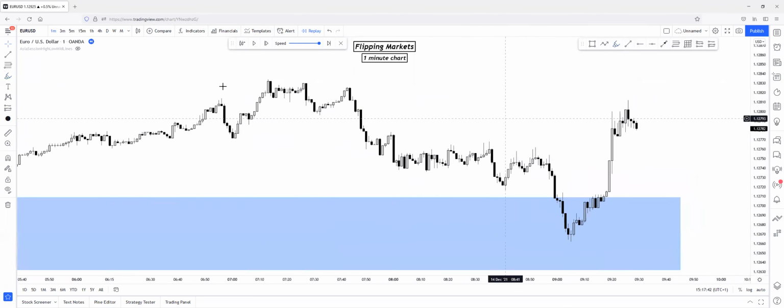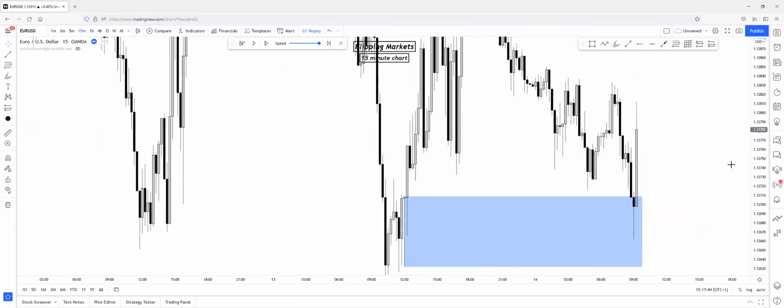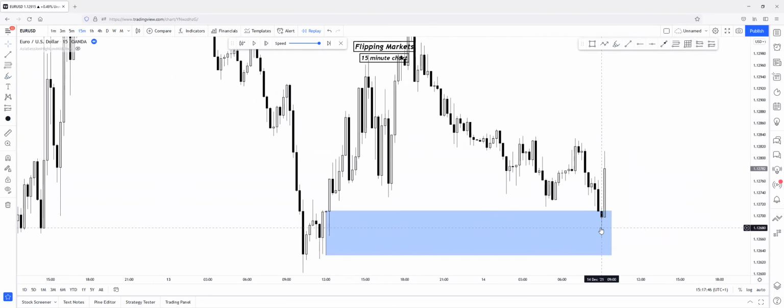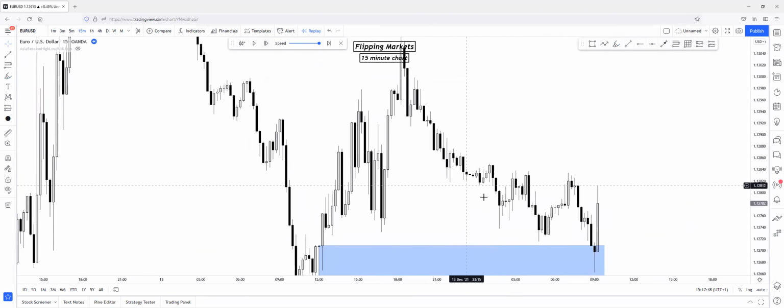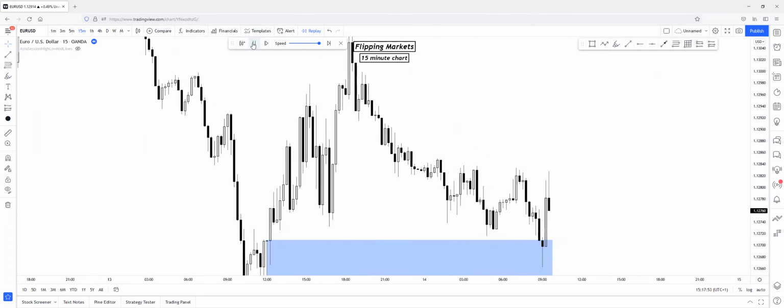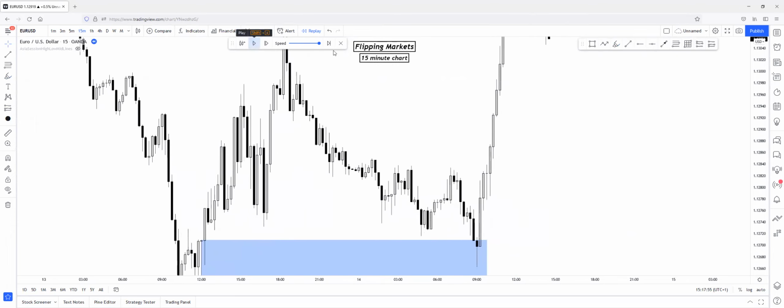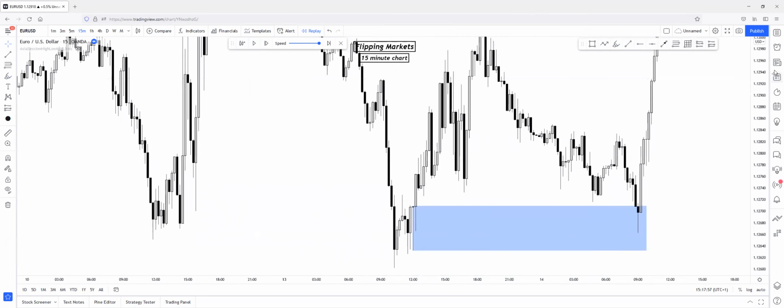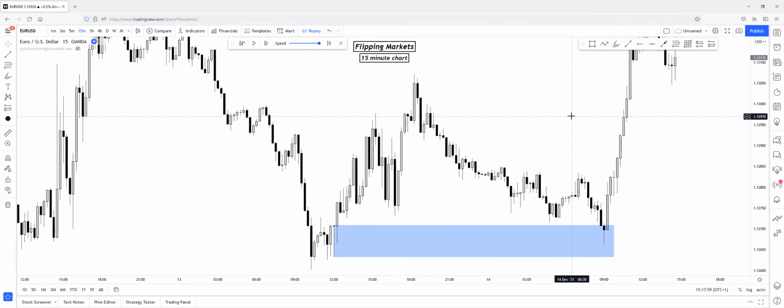So as you can see, it was just a sweep on the 15-minute, and after the sweep and the liquidity collection and the demand tap, price started to continue the overall bullish order flow to the upside. So that's the importance of knowing if it's just a liquidity sweep or a change of character or a break of structure.